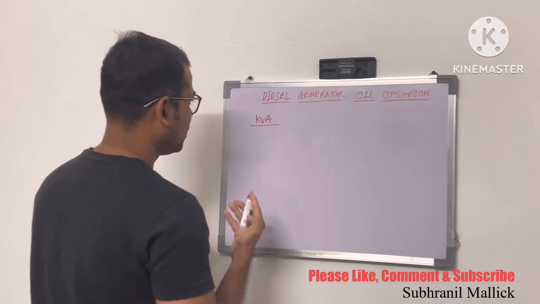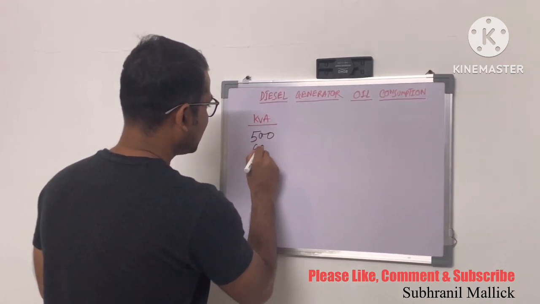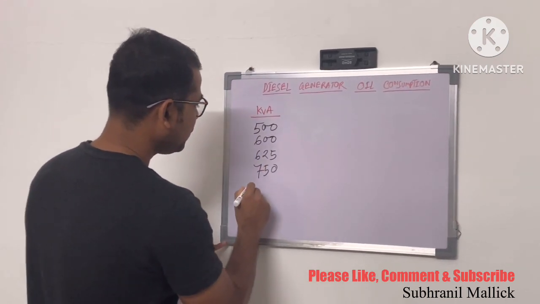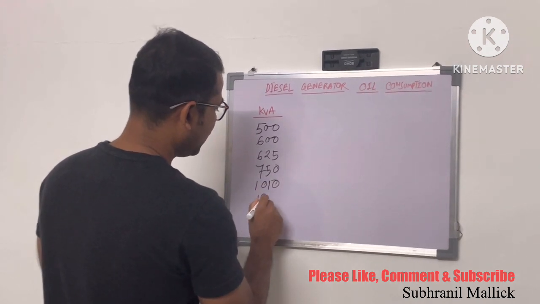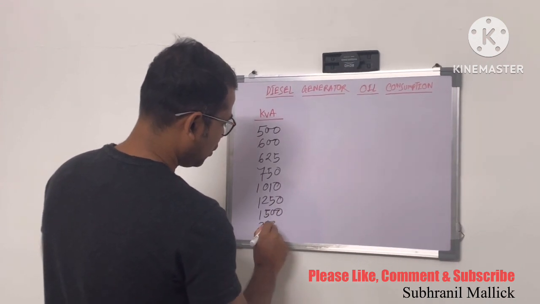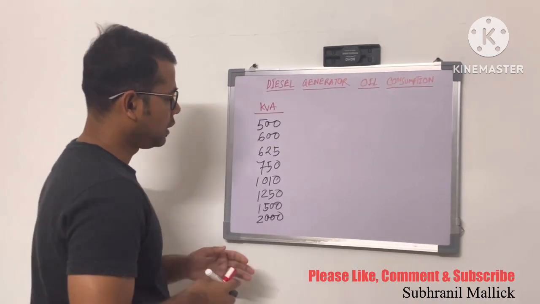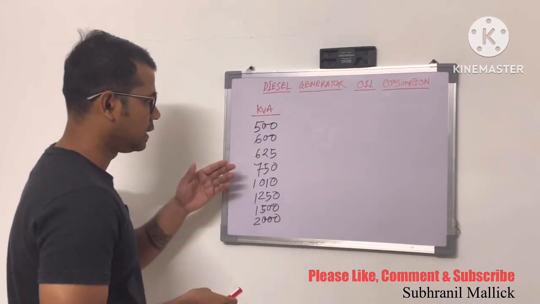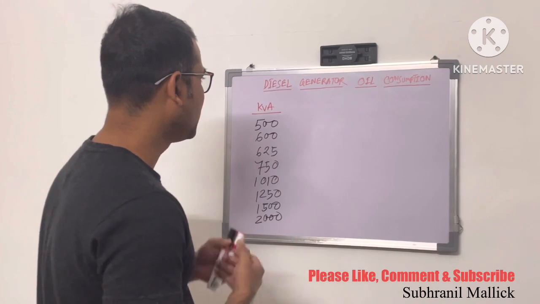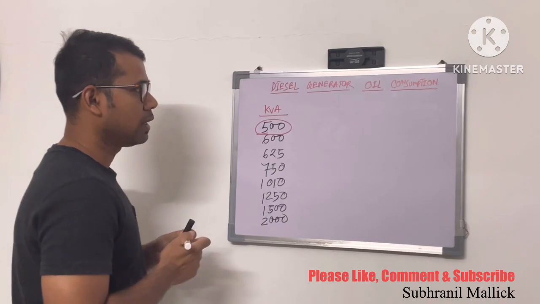The most standard DG sizes for industries are 500 kVA, 600 kVA, 625 kVA, 750 kVA, 1010 kVA, 1250 kVA, 1500 kVA, 2000 kVA, etc. It is not possible to calculate for all the standard DG sizes to answer in an interview, so we have to use a trick to remember. We will go ahead with the standard size of 500 kVA.